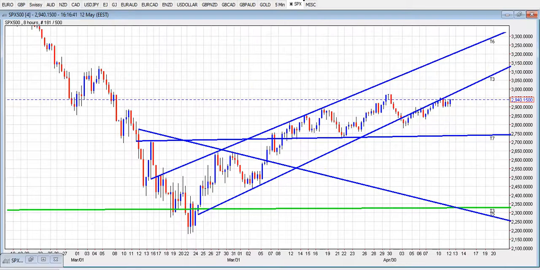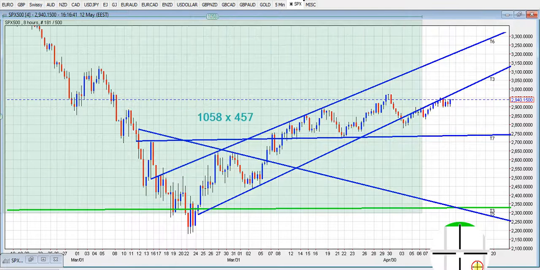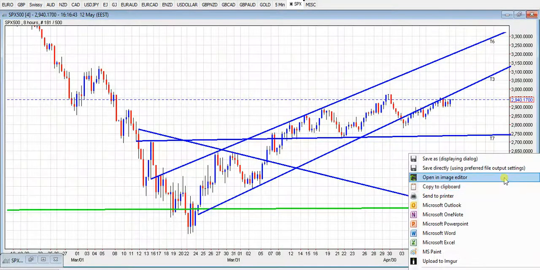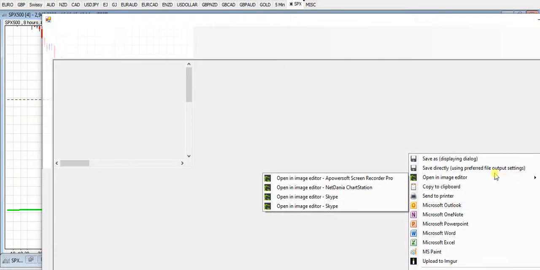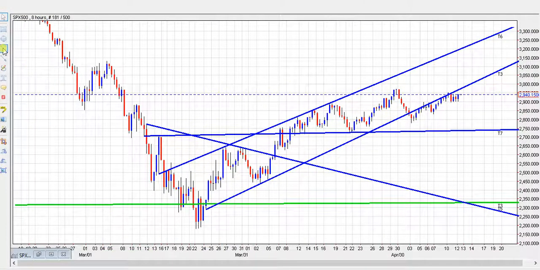I'll actually just read to it. So this is a trend line that comes in now.